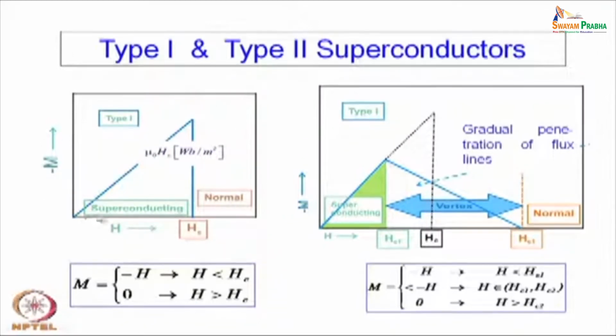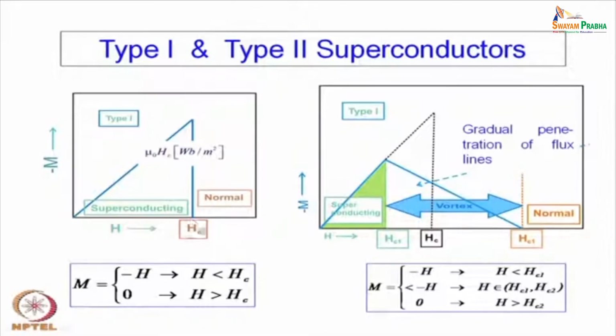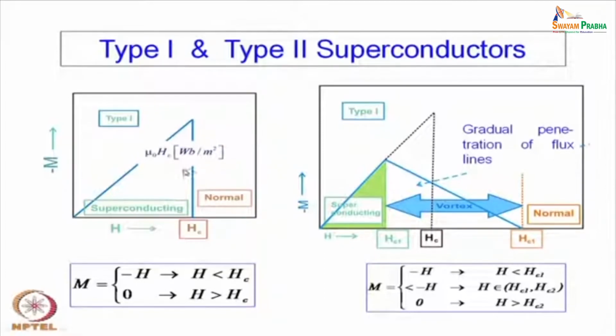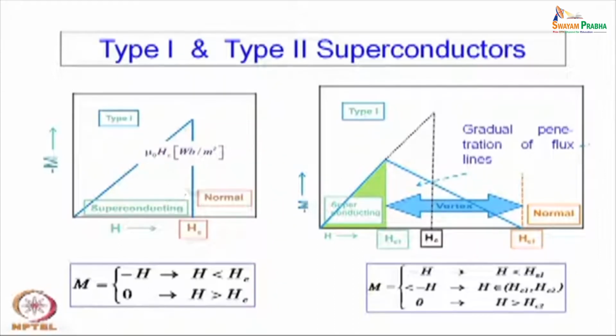The kind of behavior actually characterizes this particular type. That means, there is a sudden fall of magnetization, and exactly at Hc there is a sudden change from superconducting to non-superconductivity.